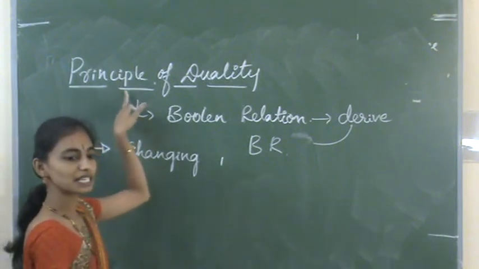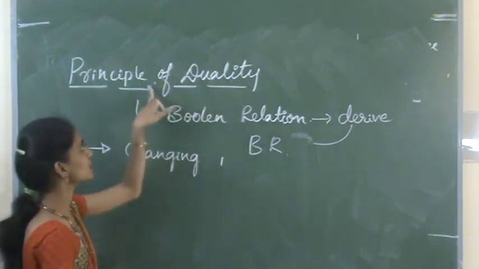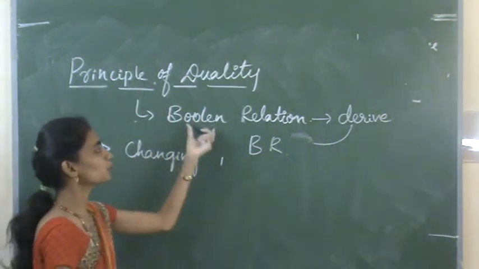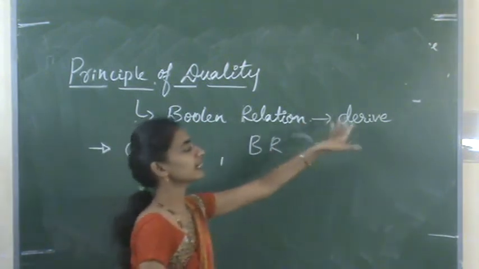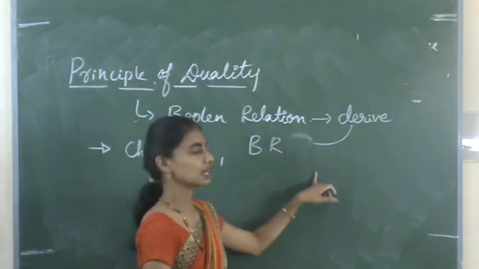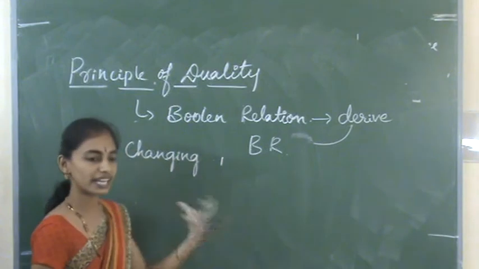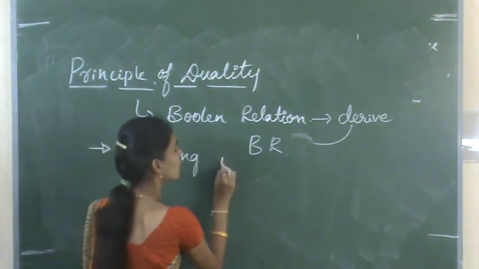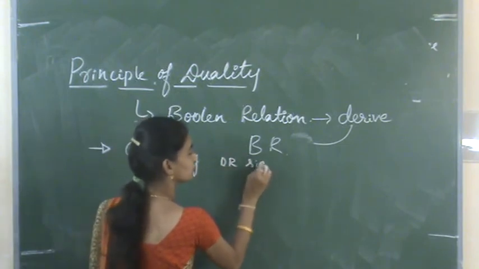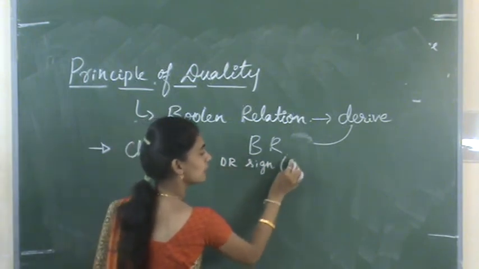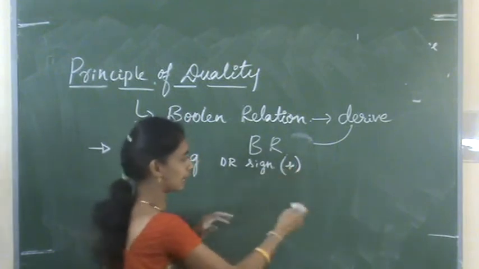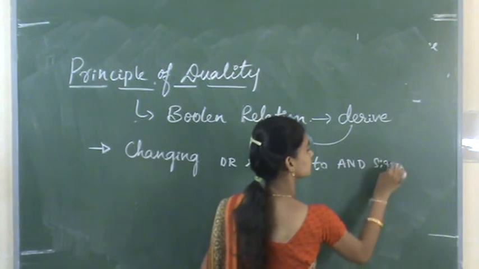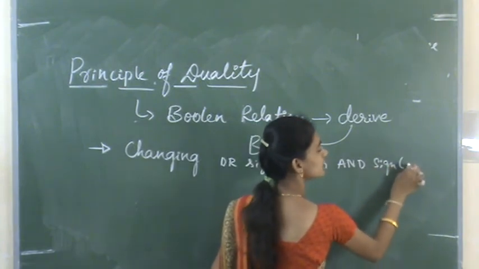So next is the principle of duality. It states that using a Boolean relation we can derive another Boolean relation. How will we derive it? By changing the OR sign, that is the plus sign, to the AND sign, that is dot.